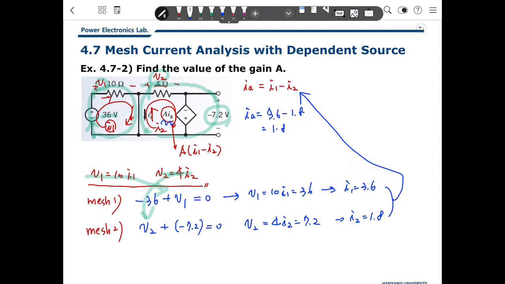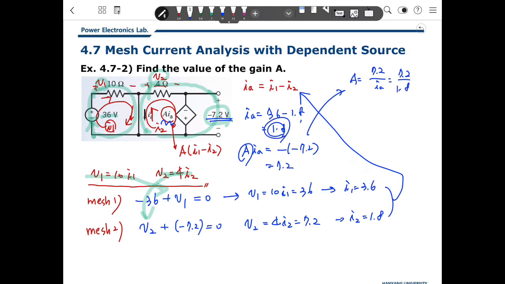So what is that? The source value is minus 7.2, so gain A times IA, 1.8, equals 7.2. So A is 4.